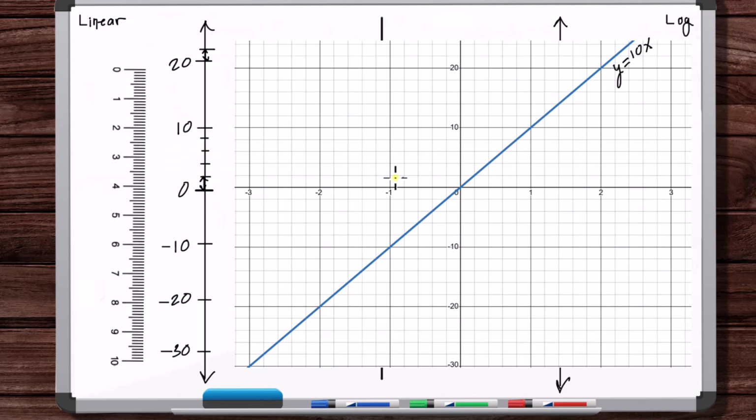Now, something to note is that once you have set up your tick marks going from the origin to the first tick mark, if you want that same pattern all the way up and down the scale between any two major tick marks, you can just copy and paste it. That same pattern will hold.